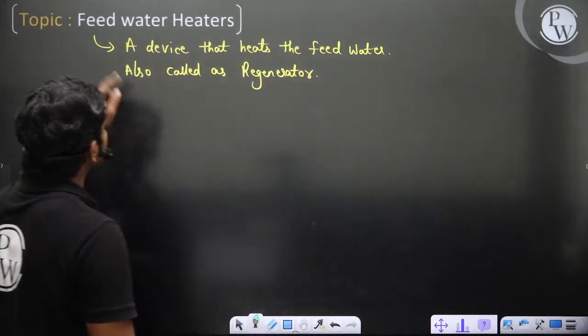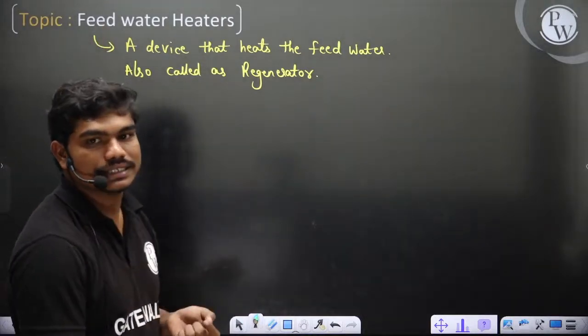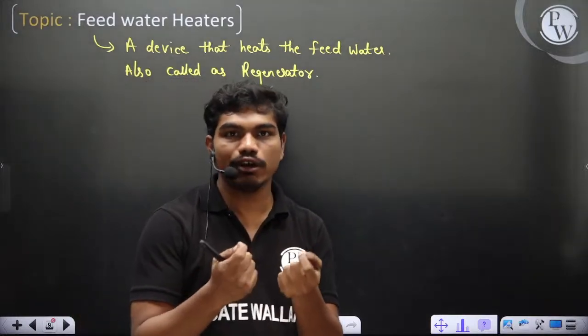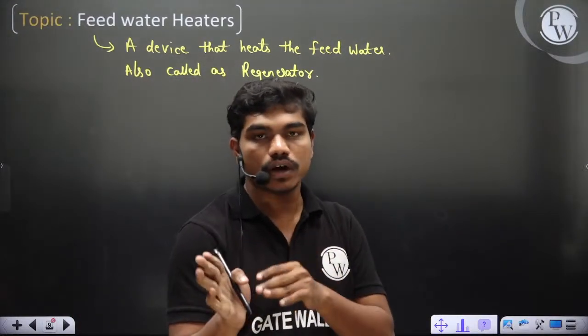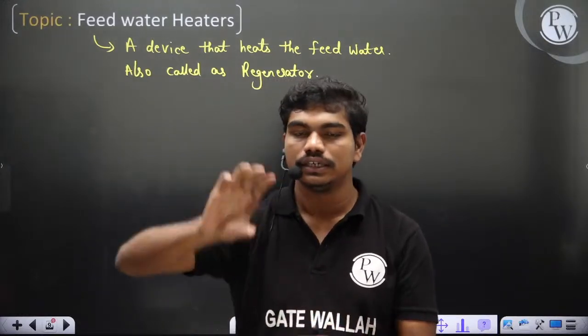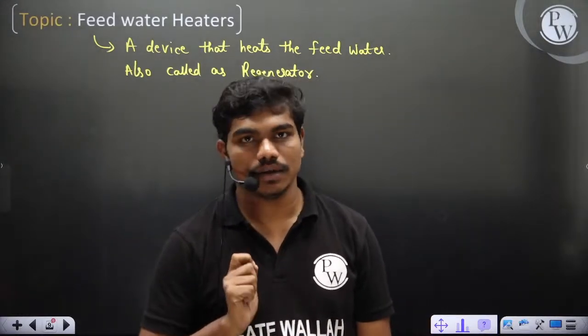Now let us see what is the purpose of feed water heating. Why do you want to do heating of the feed water? Feed water is nothing but water which is going into the boiler, correct? So that's called feed, actually feeding into the boiler. So why do you have to heat that? That's the main point here.